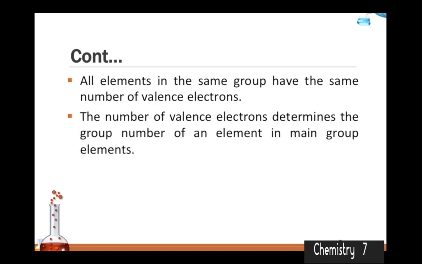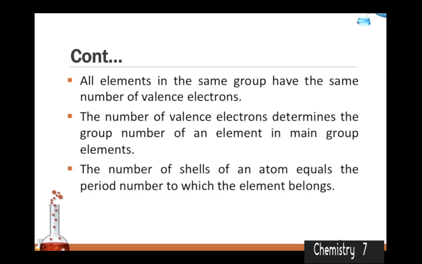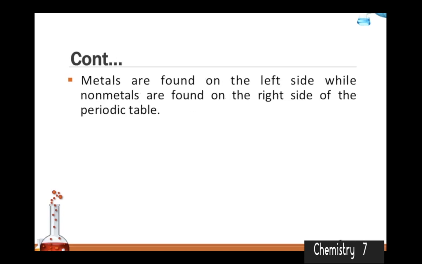The number of valence electrons determines the group number of an element in main group elements. The number of shells of an atom equals the period number to which the element belongs. Metals are found on the left side, while nonmetals are found on the right side of the periodic table.